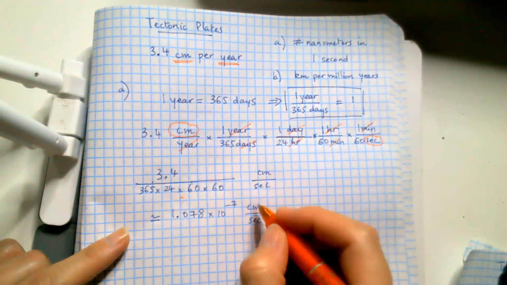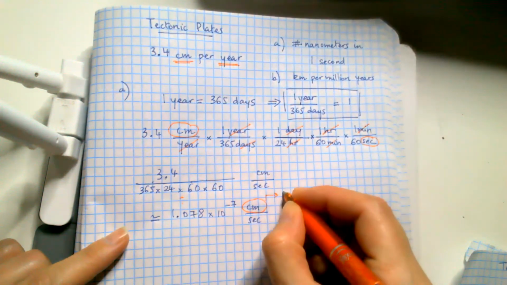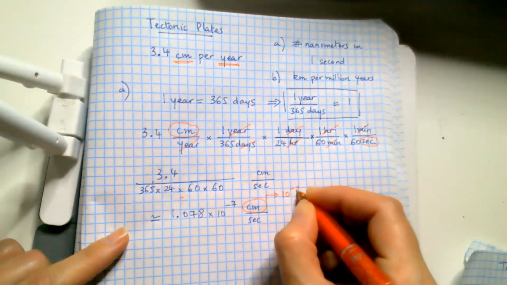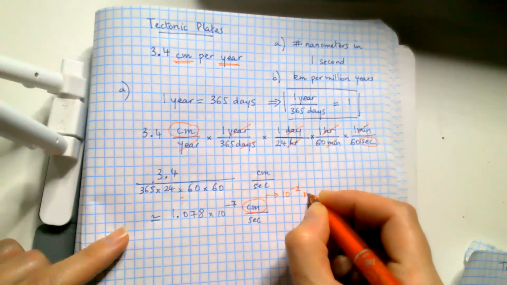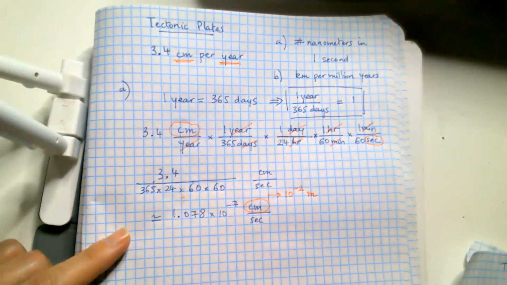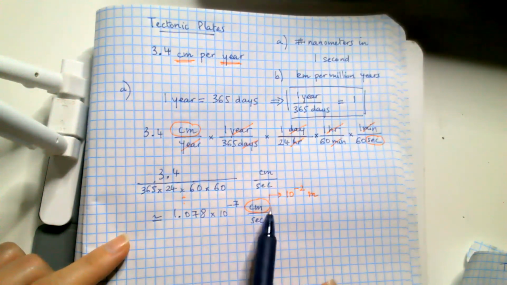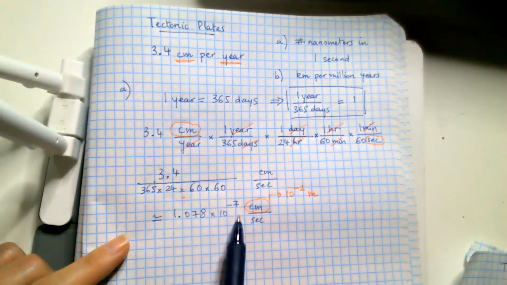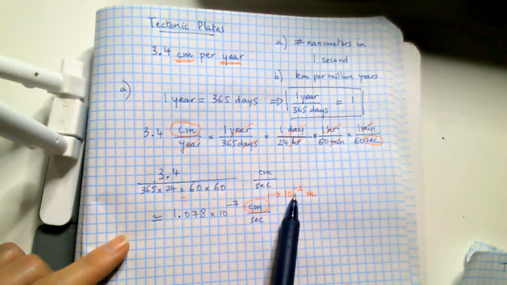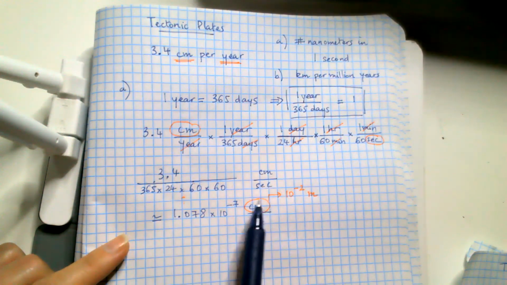Centimeters are 10 to the negative 2 meters, so we have to divide, in other words, by 100. So another way to look at this is that we can multiply this by 10 to the negative 2, which is the same as dividing by 100 to convert that to meters.